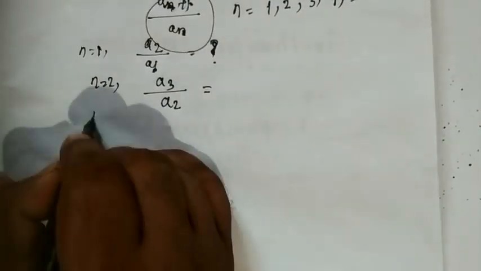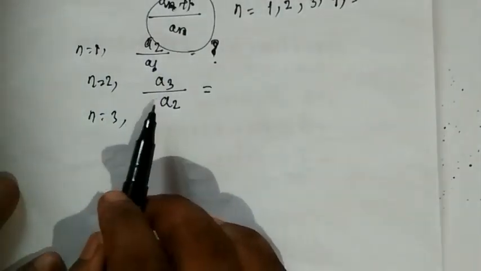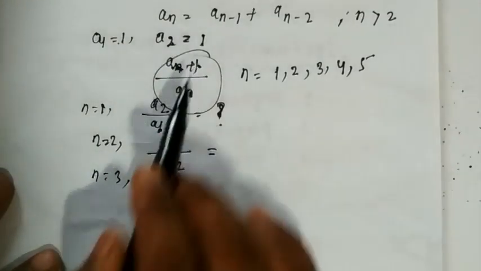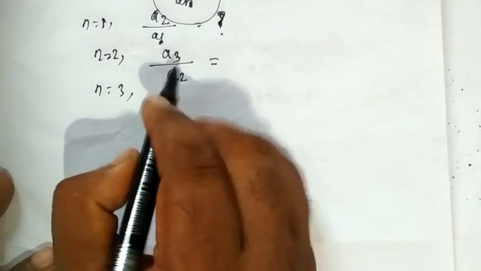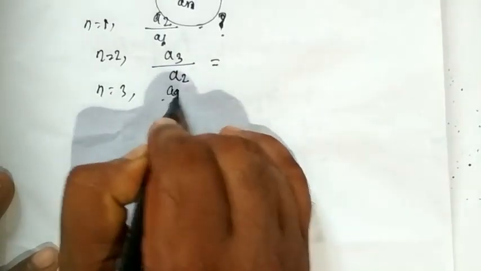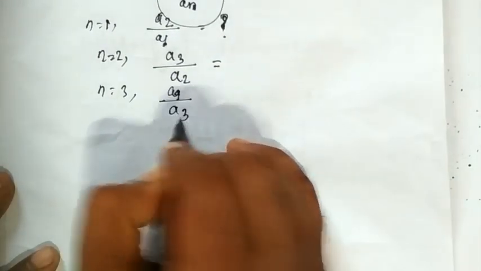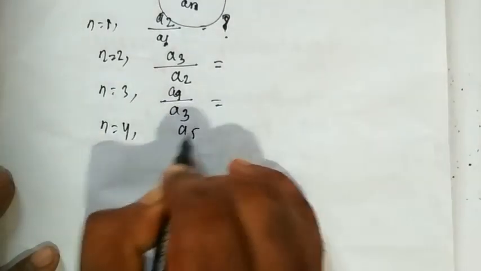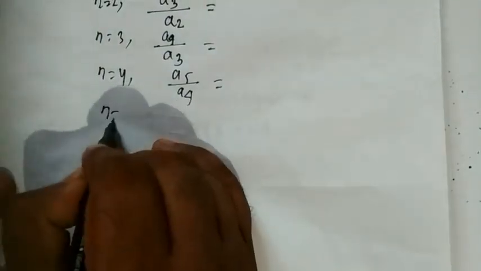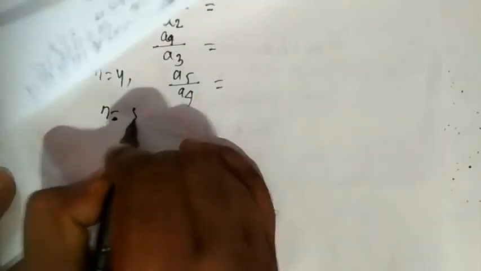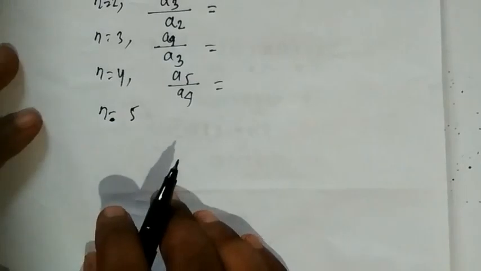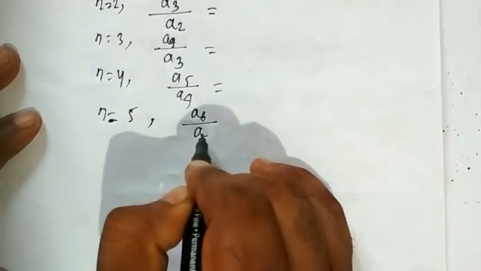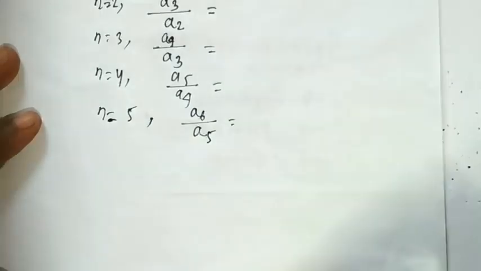Similarly, if we take n is equal to 3, 3 plus 1 is 4, so you have to find a4 upon a3. If n is equal to 4, similarly we get a5 by a4. If we take n is equal to 5, then you will get a6 upon a5 to find.